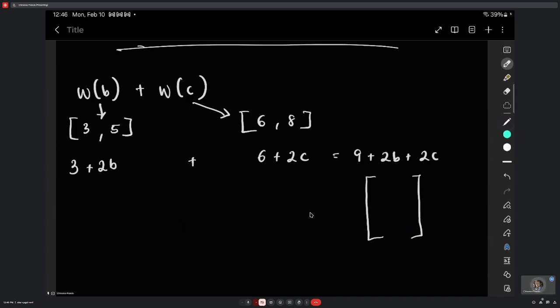So what are those values going to be? 0,0, 0,1, 1,0, 1,1. So 0,0 will be 9. 0,1 is 11, and 13.